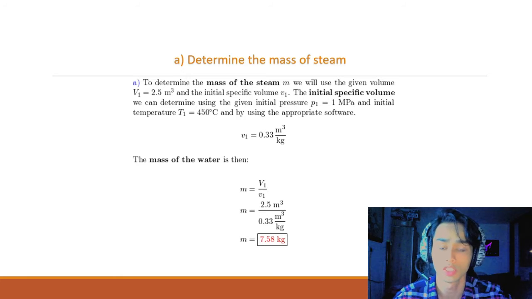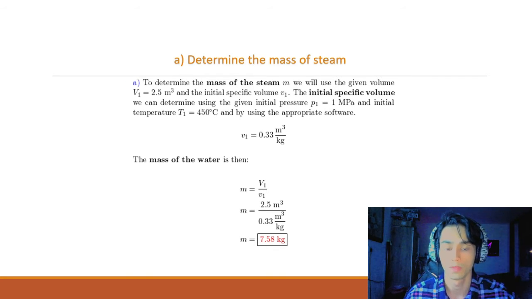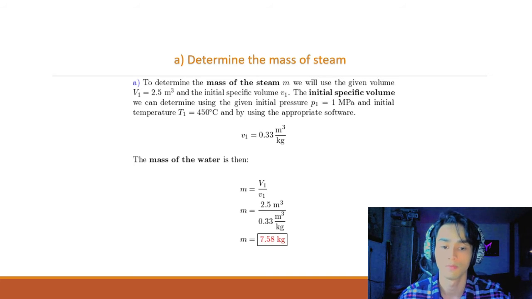So the initial specific volume equal to 0.33 meter cubed per kilogram. Then we can calculate the mass of water, which is m equal to V1 over initial specific volume. So we get the answer 7.58 kilogram.